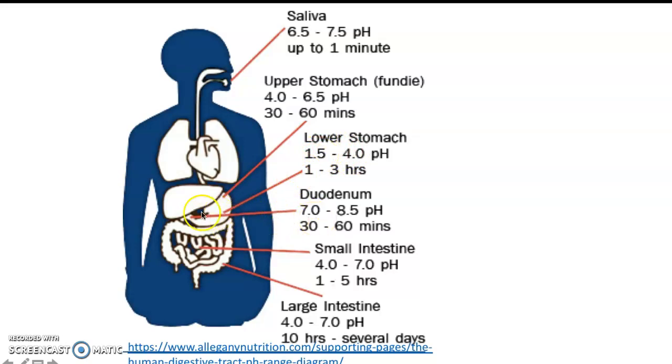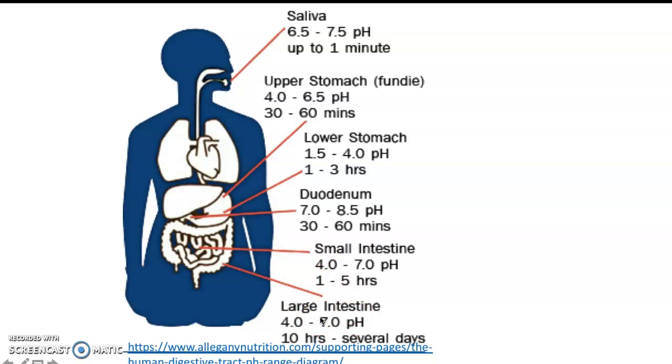In the duodenum, which is this region of the small intestine that's adjacent to the stomach, distal to the stomach, excuse me, what you see is that the pH rises pretty dramatically from 1 to 2 up to 7 to 8.5. And then it decreases again in the small intestine and large intestine, anywhere from 4 to 7.